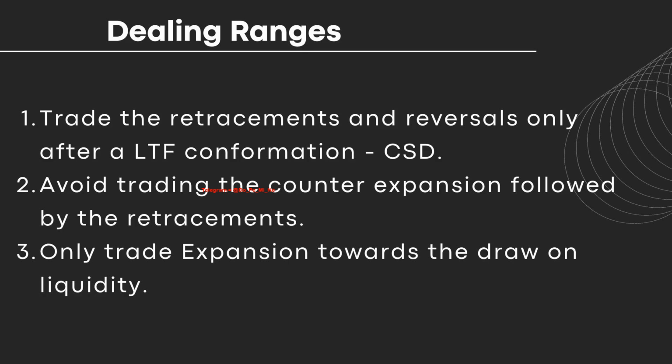The talking point here is that you should avoid trading that particular counter expansion because it tends to be lower probability, and you should rather trade the reversals that follow after those expansions. You need to remember these points when analyzing price action with dealing ranges, and that way you will stay one step ahead and be analyzing everything with the logical framework I've given you in this chapter.